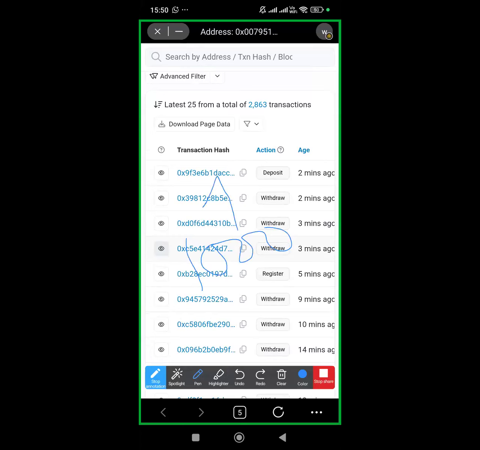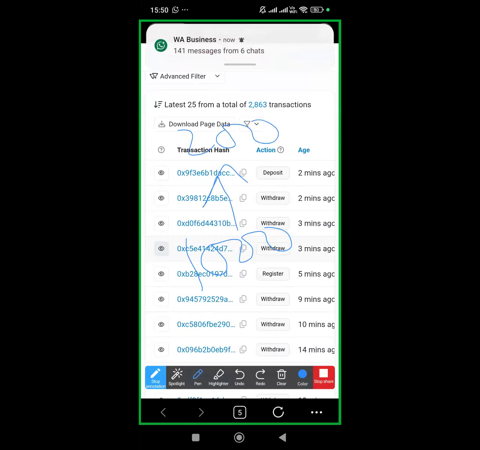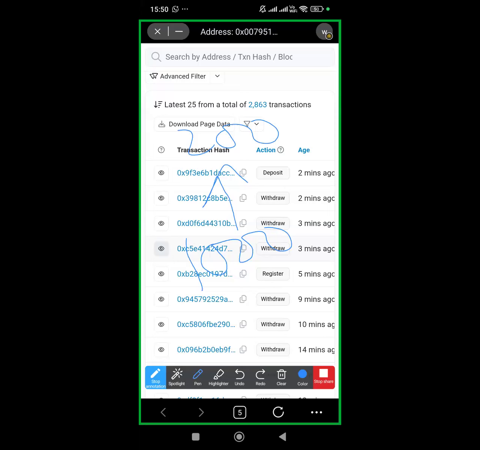As the coins touch $200, can you imagine that? His 1,000 coins will be $200,000. Oh my God. Nobody can stop him from being rich. That's why people are collecting small, small. You can see all the transactions here.